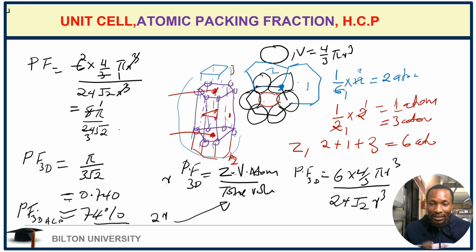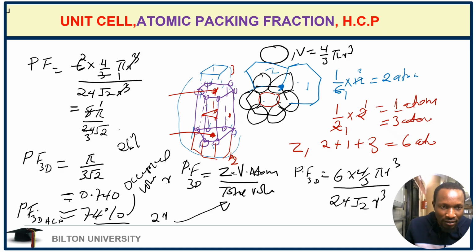This leaves 26% of the entire volume in H.C.P in 3D which is void or vacant. So this 74% is the occupied volume, and 26% is free. So you can be told to prove that the packing fraction of H.C.P is 74%. This is how we prove it.